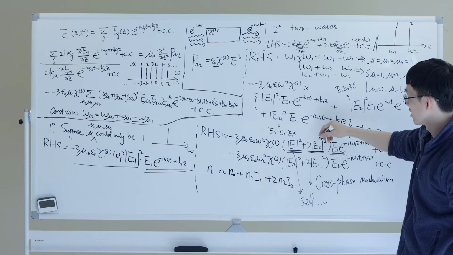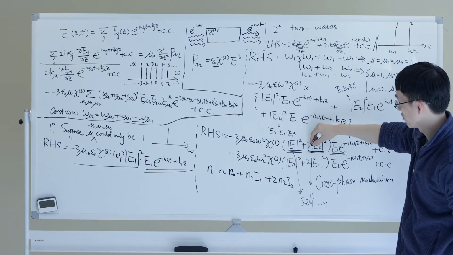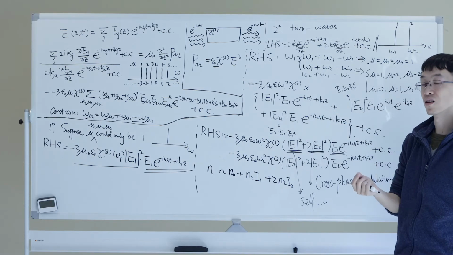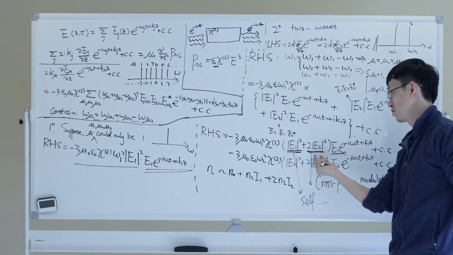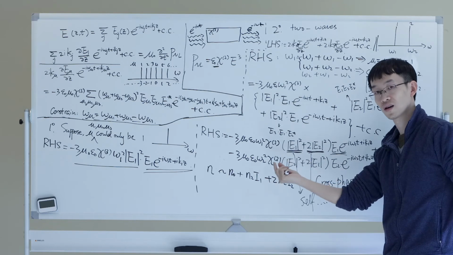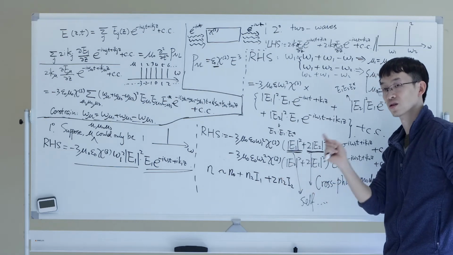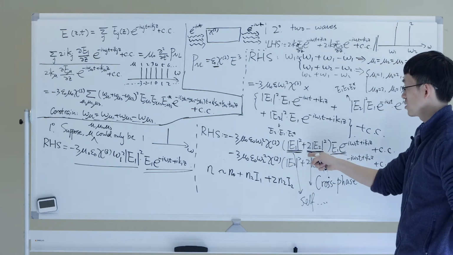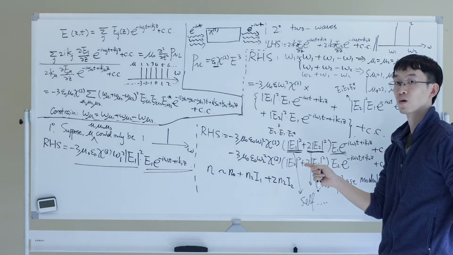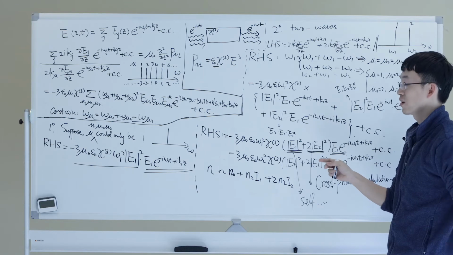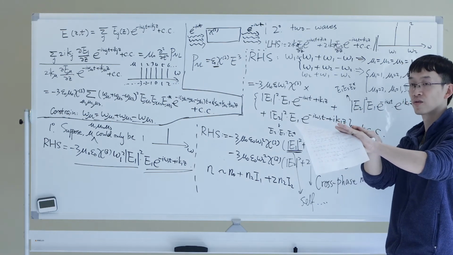And the cross-phase modulation usually has a factor of 2. It's larger, okay? Some people would say the cross-phase modulation is twice as much as self-phase modulation. That is not correct. You might see here it is correct, but the real reason is that here we assume it's a plane wave. So when we assume it's a plane wave, those two waves are perfectly overlapped, right?